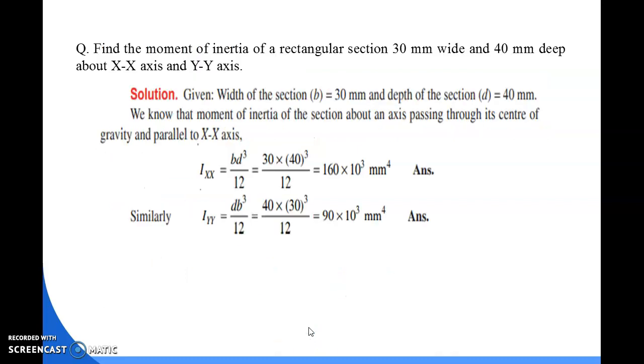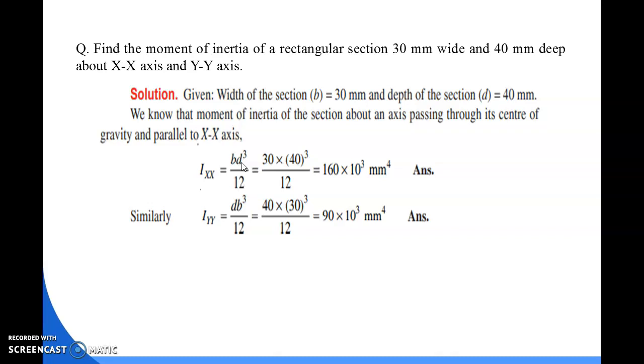Similarly, for the y-y axis, the value of moment of inertia of the rectangular section is db cube by 12, where b is the width of the section and d is the depth of the section.